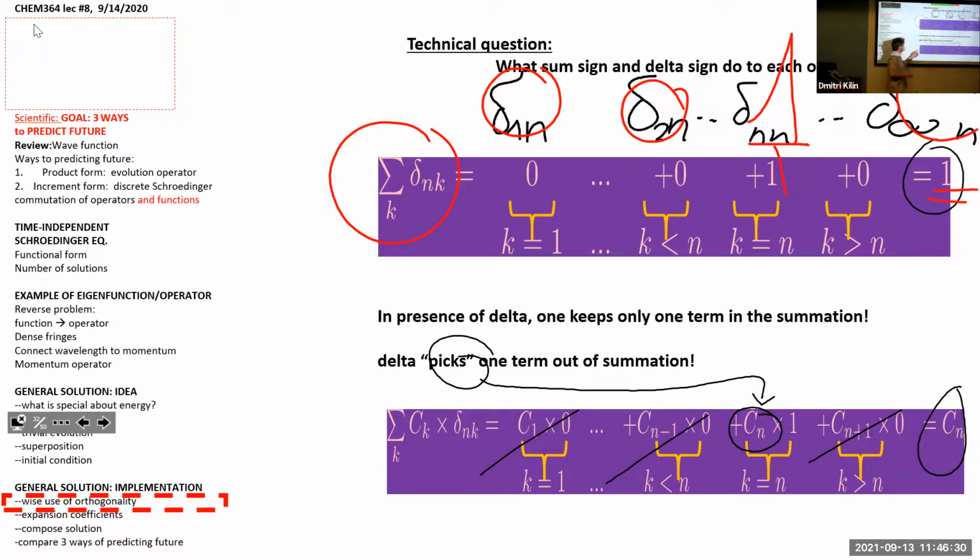Now, if I practice the same exercise with a coefficient in between, it will be 0, 0, and instead of 1, it will be 1 times the coefficient C multiplied by the appropriate number. And then again 0, 0, 0. And then the result of summation will be 0 plus 0 plus C sub n plus 0.